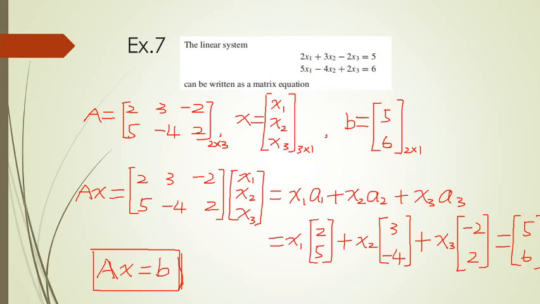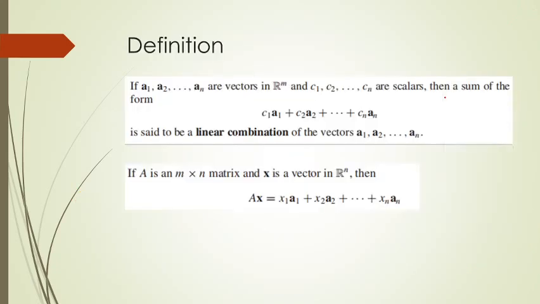We give some simple examples. Now let's check what this means. We have x1, x2, xi. Take the sum of xi times the column vector ai.